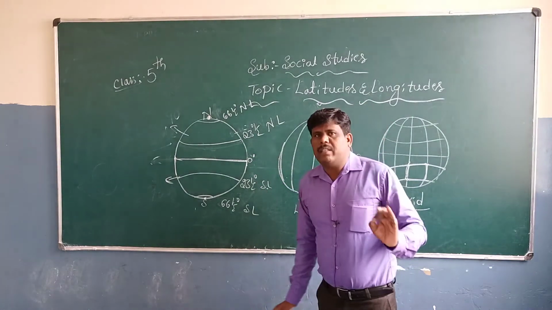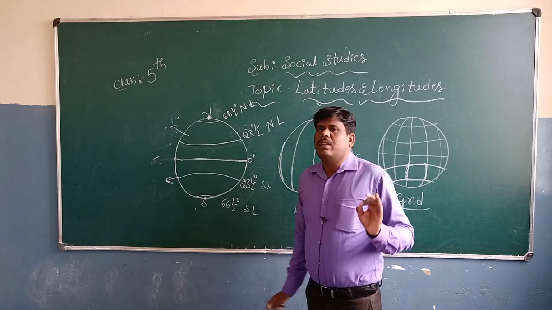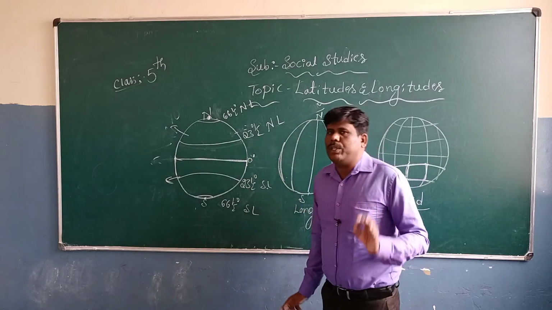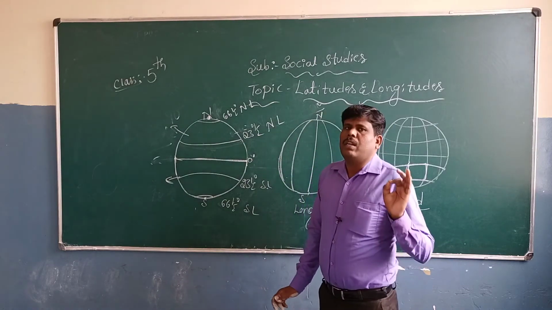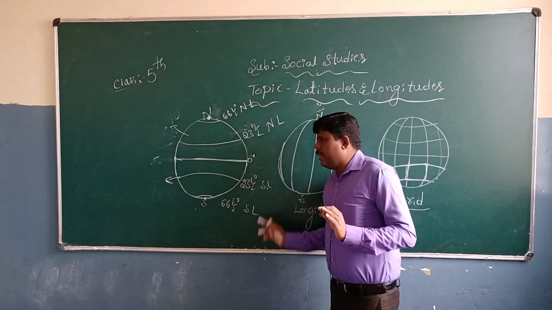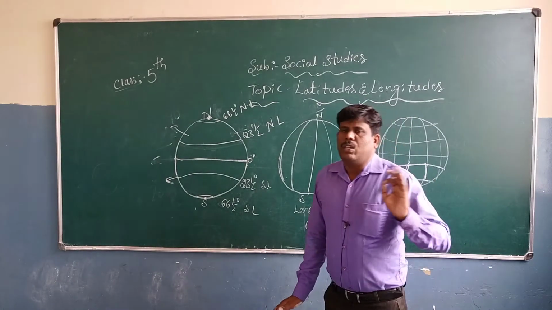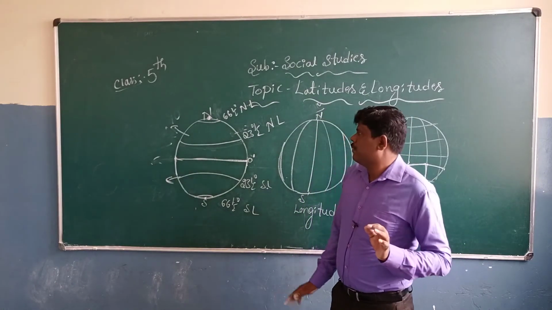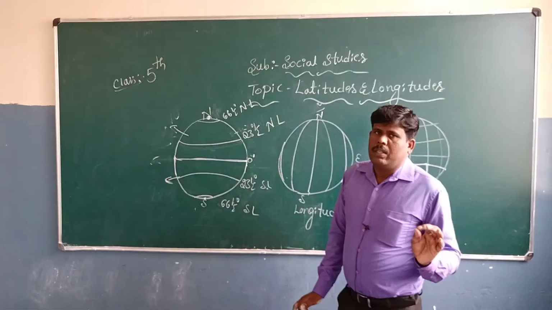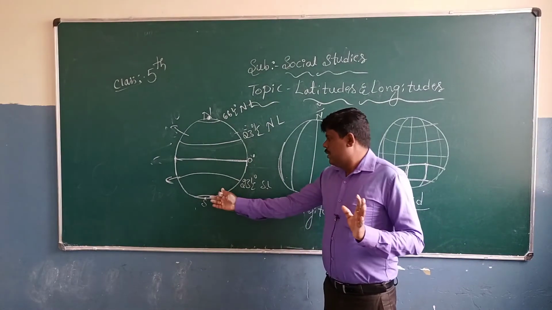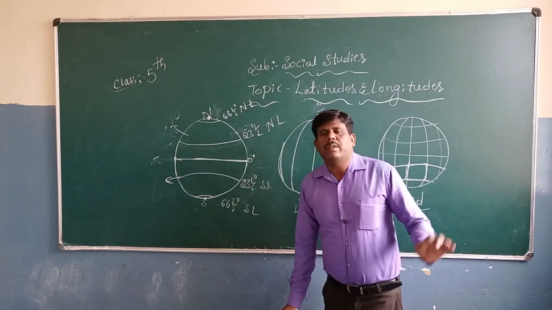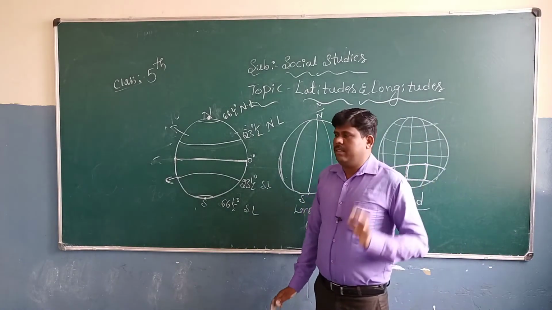Once again, the important latitudes. The equator is a great circle, with a measurement of 0 degrees. 23 and a half degrees north latitude, the Tropic of Cancer. 23 and a half degrees south latitude, the Tropic of Capricorn. 66 and a half degrees north latitude, the Arctic Circle. 66 and a half degrees south latitude, the Antarctic Circle.